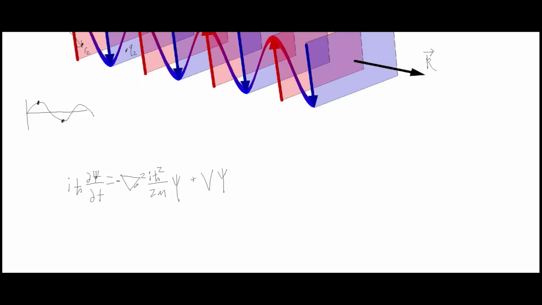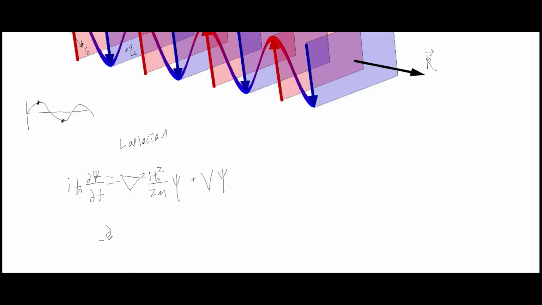And so this del squared, or Laplacian, as it's often called. One interpretation of it is that it's usually the three-dimensional partial differential.